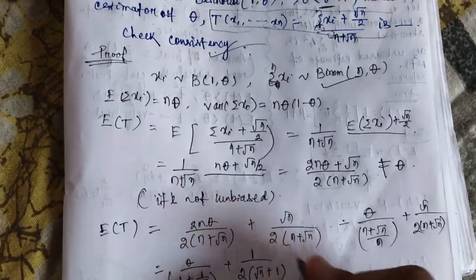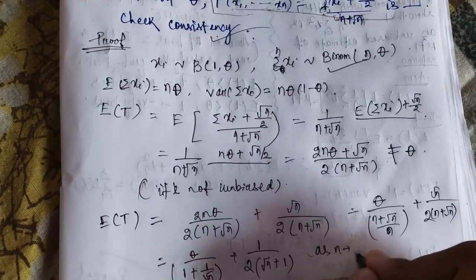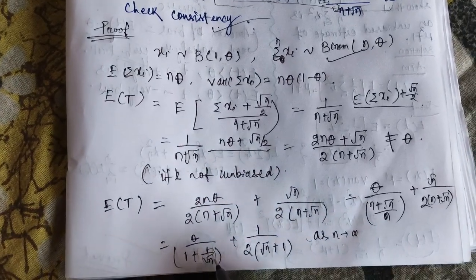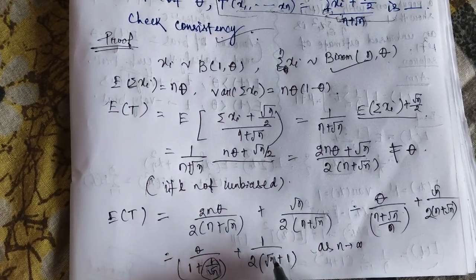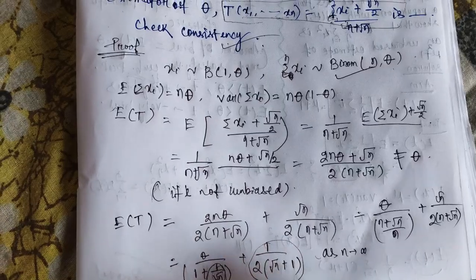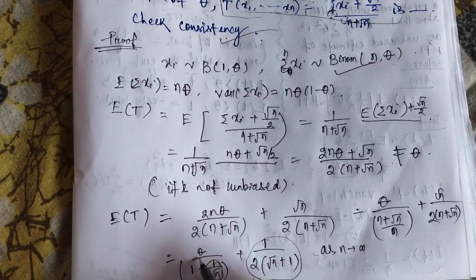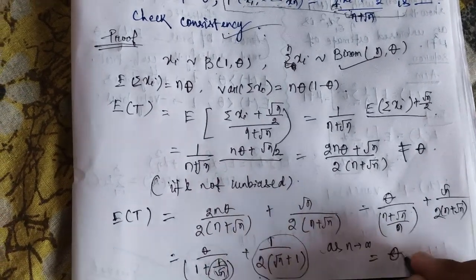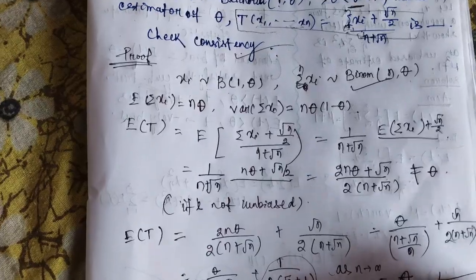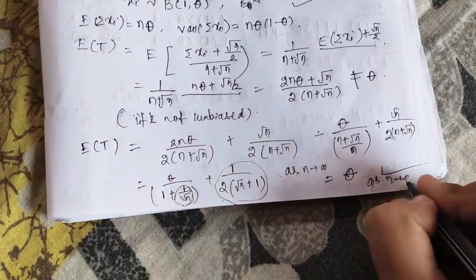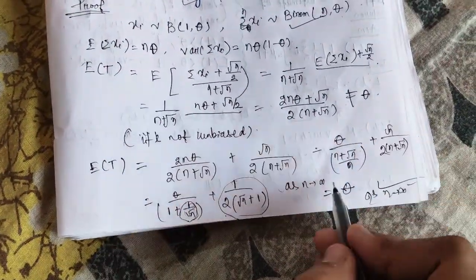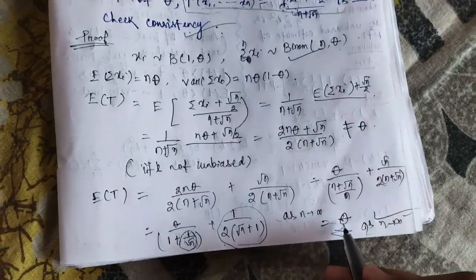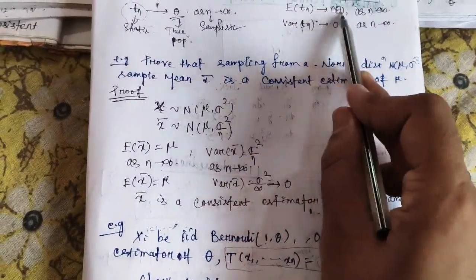Now as n tends to infinity, this term becomes 0 and this whole term becomes 0, so we end up with only theta as n tends to infinity. So this satisfies the consistency property, as the expected value of T equals theta, the true population value.